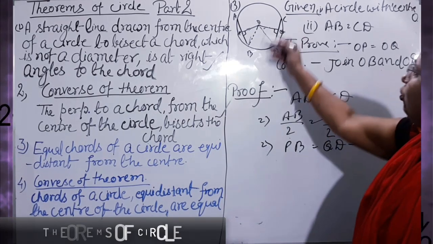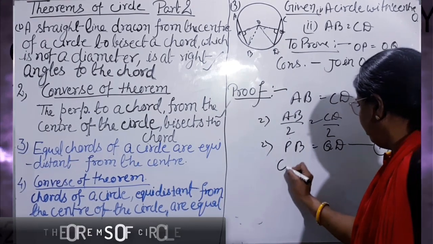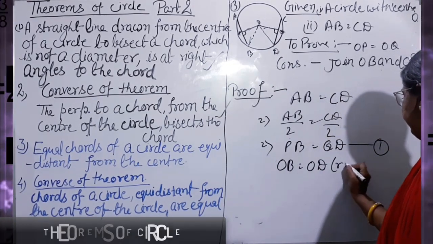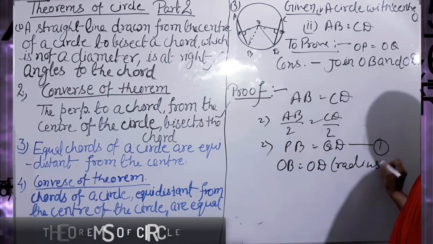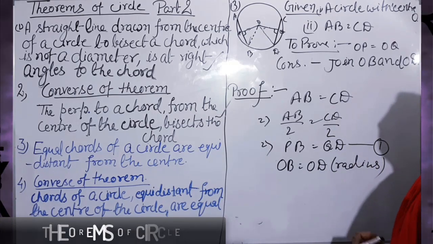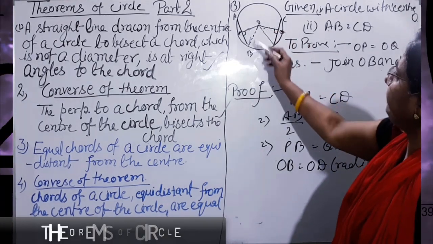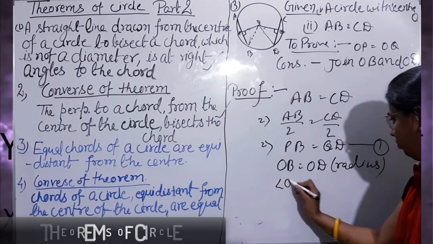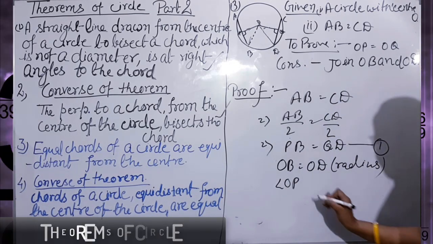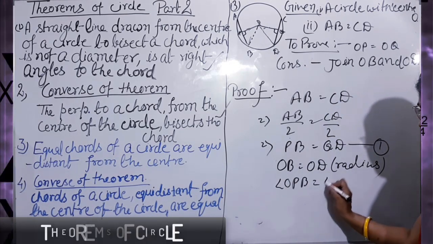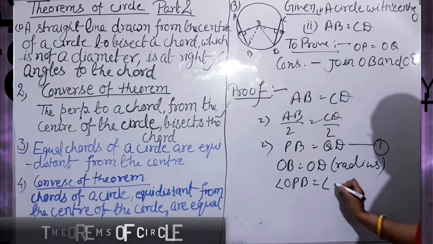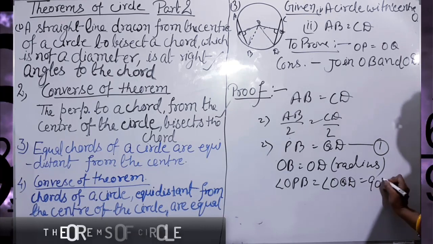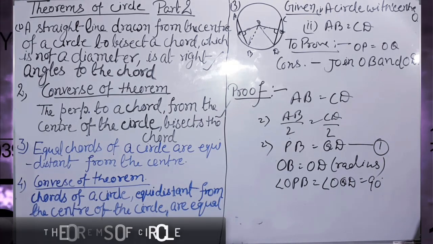And second, OB is equal to OD, radius. And angle OPB is equal to angle OQD, which is equal to 90 degrees. Already it was given.